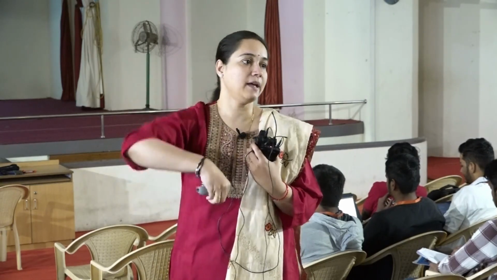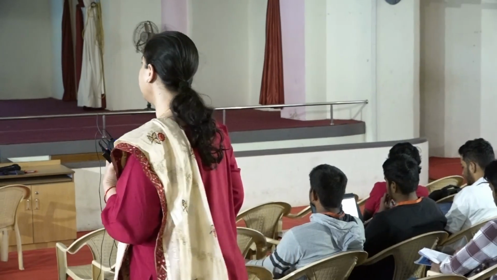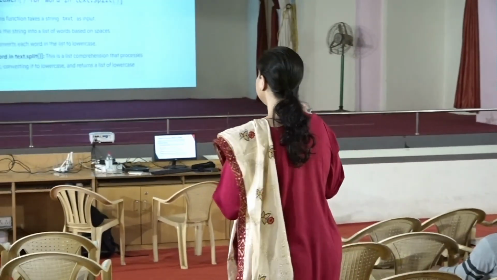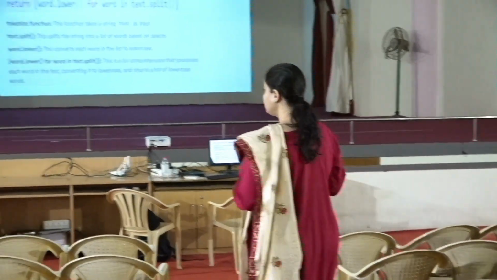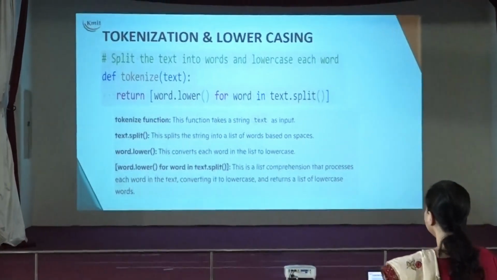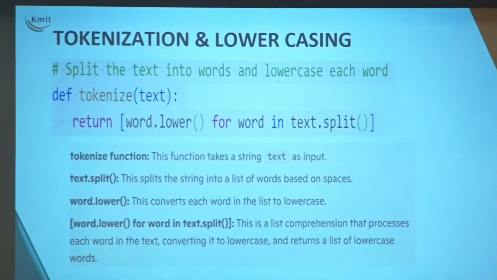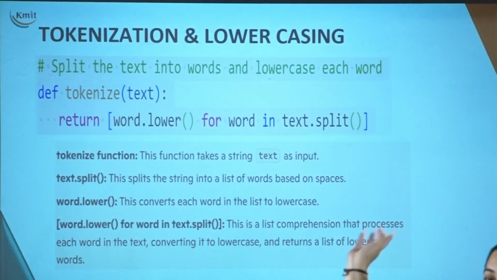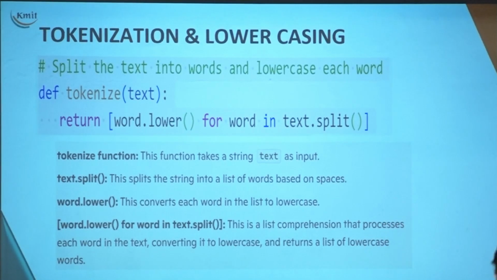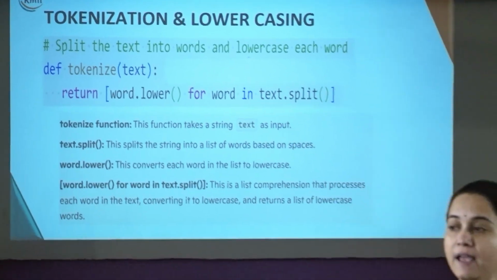Text is the name of my data frame on which I am applying the split method. Are you getting it? So the text dot split method will split the string into a list of words based on spaces. Now what I am doing? Immediately I am converting the word. So from text, what did I get?